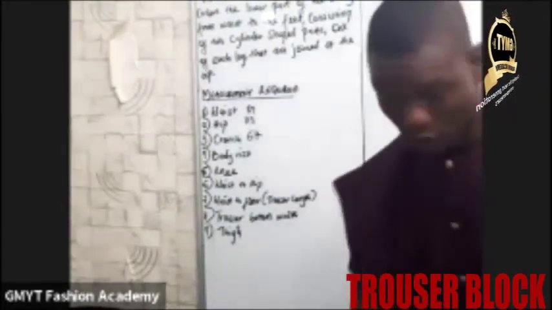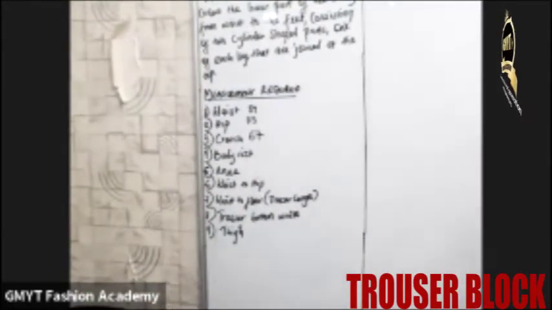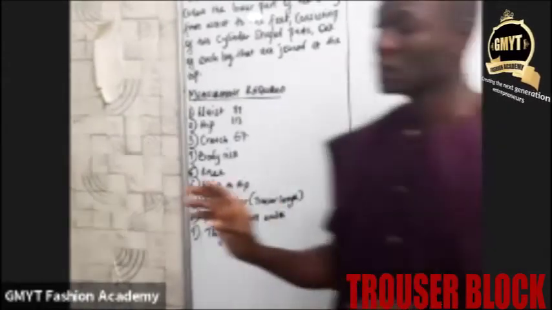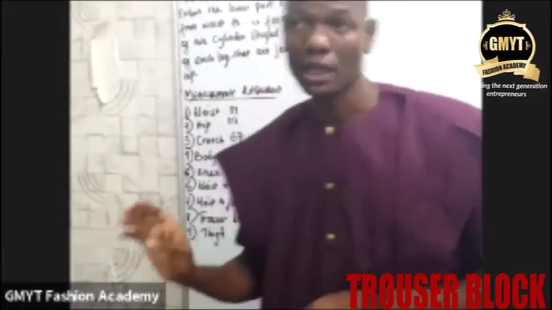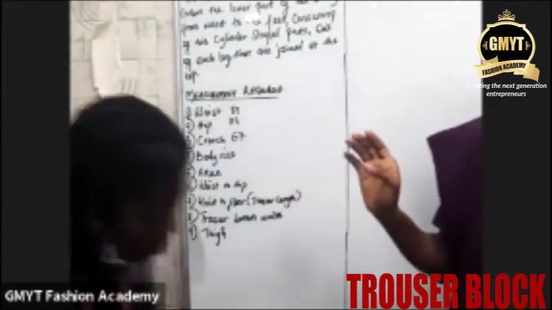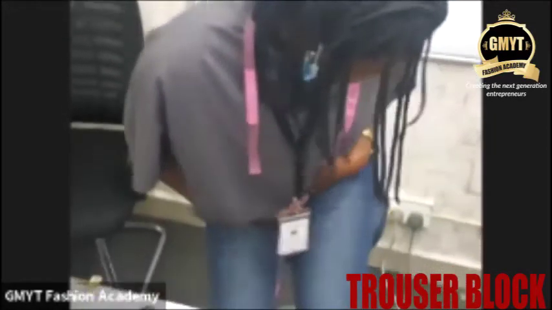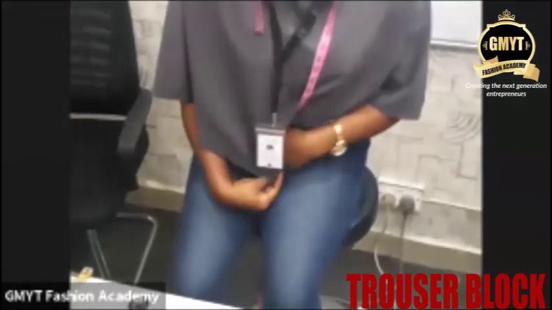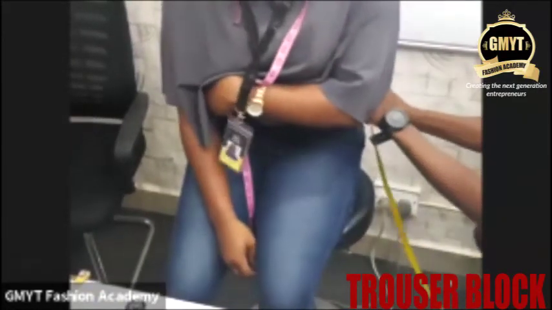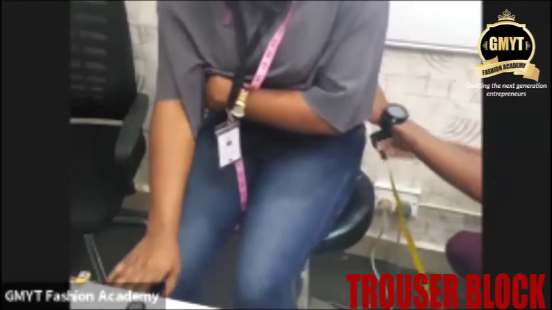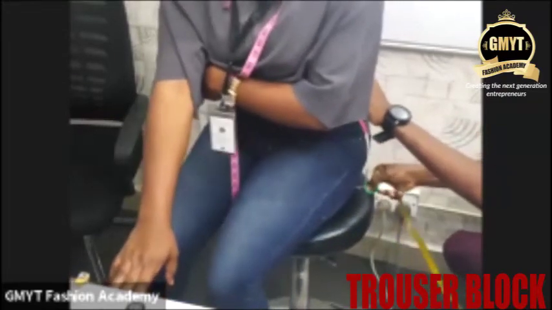So now we're moving down to the body rise. For the body rise, you get a hard surface and tell the customer to sit on that. You can get a stool, just a stool that is hard. Now take it from the waist down to the tip of your stool.